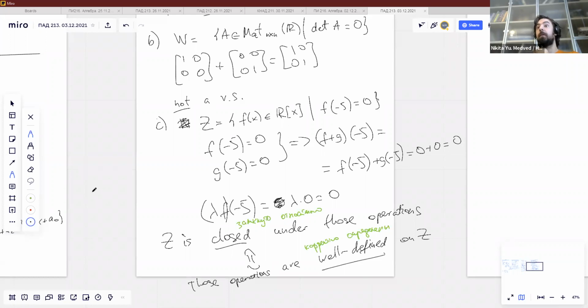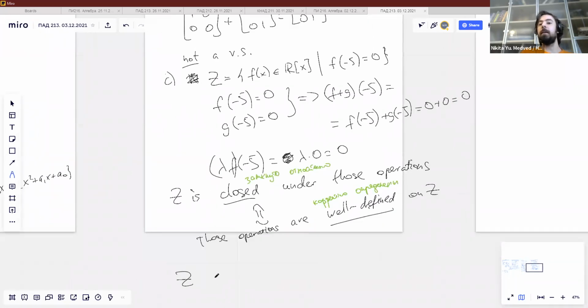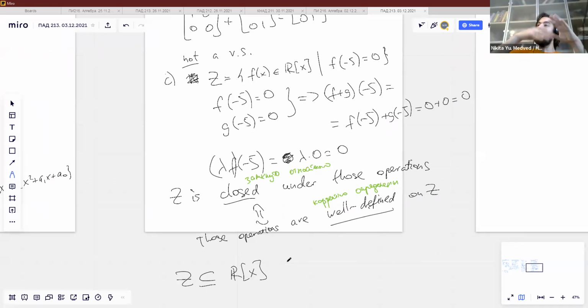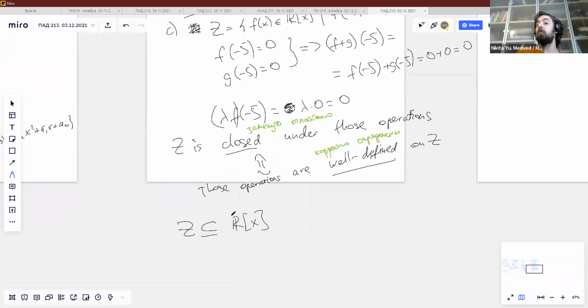We know that Z is a subset of the set of polynomials. You are studying set theory right now in discrete mathematics, right? Yes. Okay, so subset is not a problem. So Z is a subset of R of X, part of R of X. And for any elements of R of X, all those silly axioms are true.